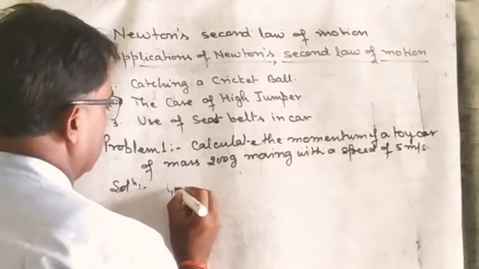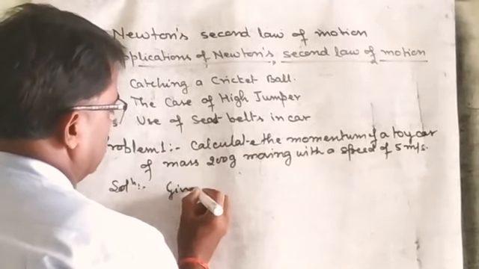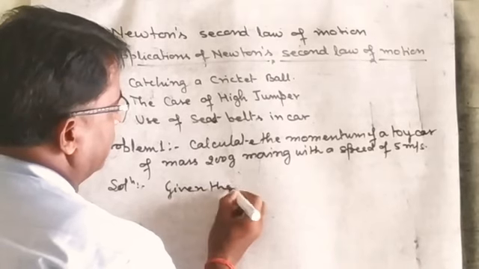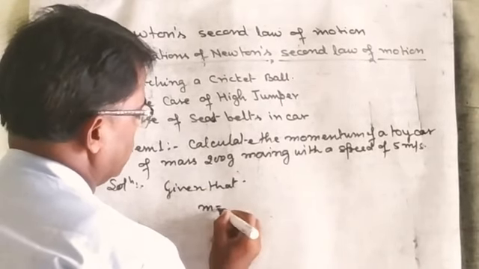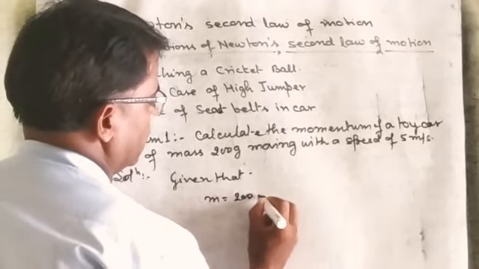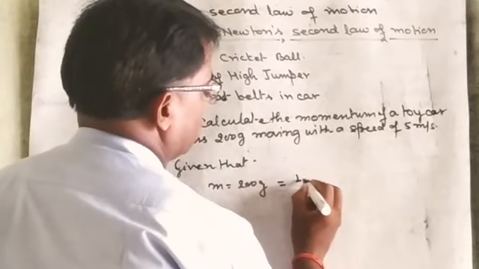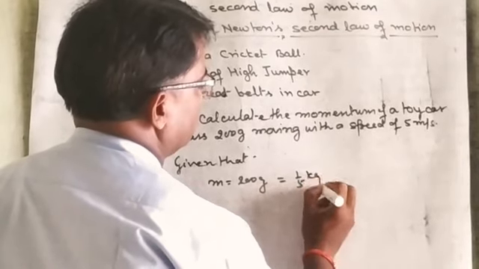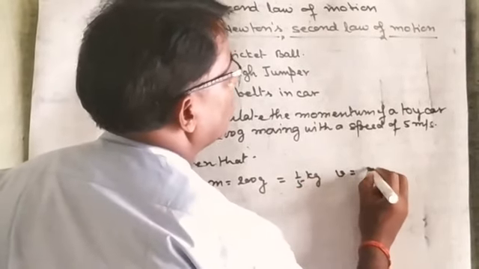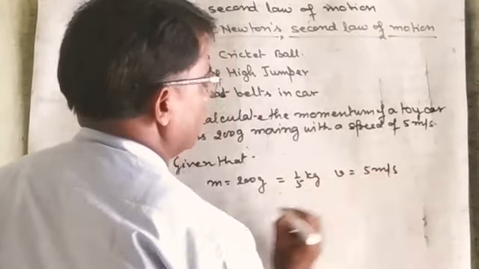Given that m is equal to 200 gram, convert it to kilogram by dividing by 1000, which means 1 by 5 kilogram. v is equal to 5 meter per second.